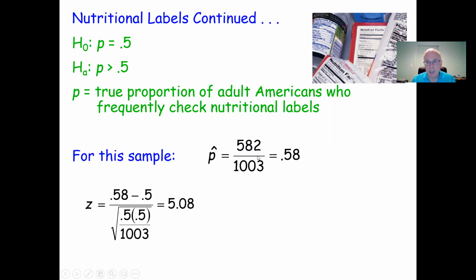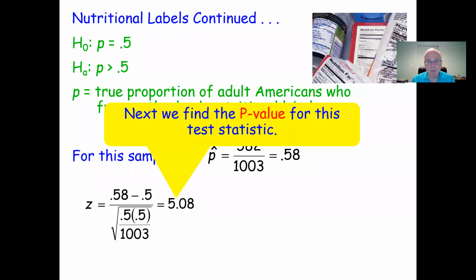So this is a clear case where we're going to end up rejecting the null hypothesis, because it's practically zero that we're going to get a sample like this when we're assuming that the population proportion is 0.5.